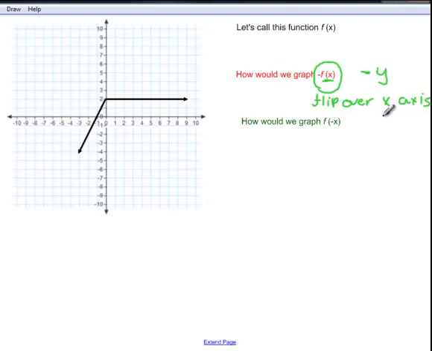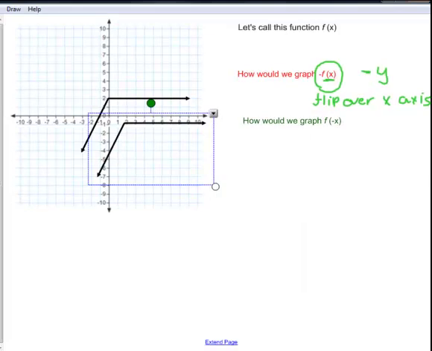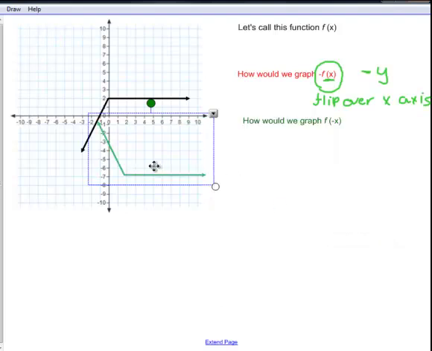So if I had this right here, I'm going to take it, I'm going to clone it, and let's make it green. And I'm going to take this and I'm going to flip it over the x-axis. So lovely, that means I'm going to flip this up and down.